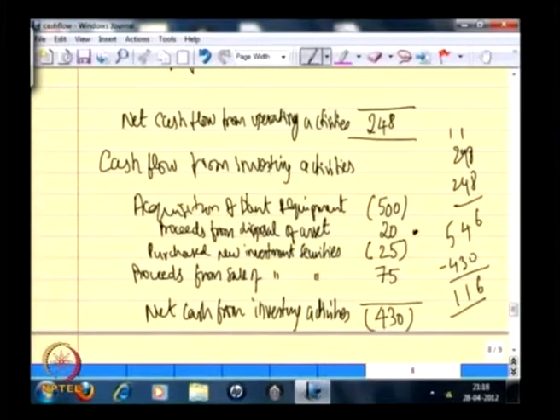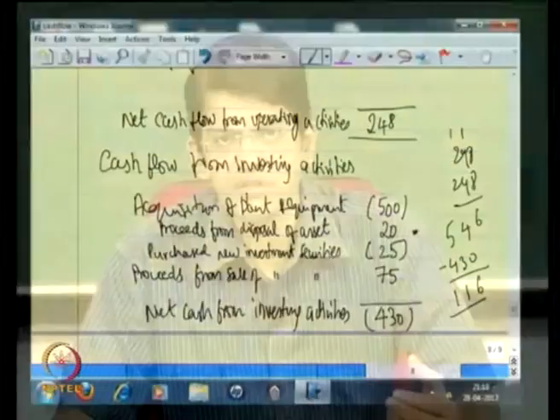Now, when we go back to our T accounts and journal entries to see how we actually recorded this particular transaction, you will find that this asset that was disposed of for 20,000 resulted in a cash inflow of 20,000. So, you would have recorded that entry while you prepared the journals and T accounts as cash that came in, 20,000, and where did this cash come from?